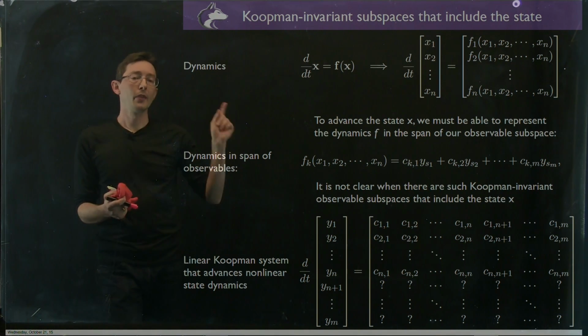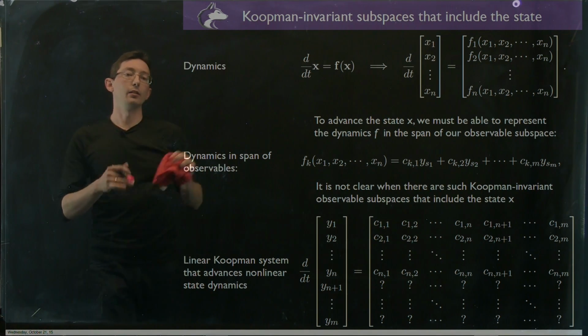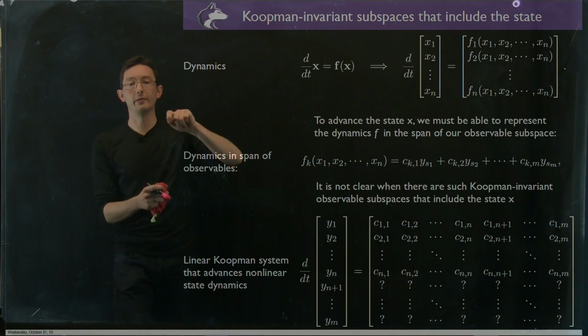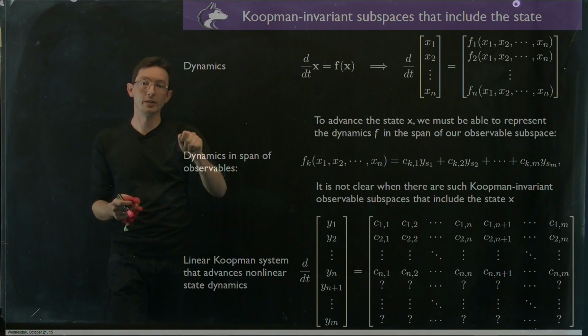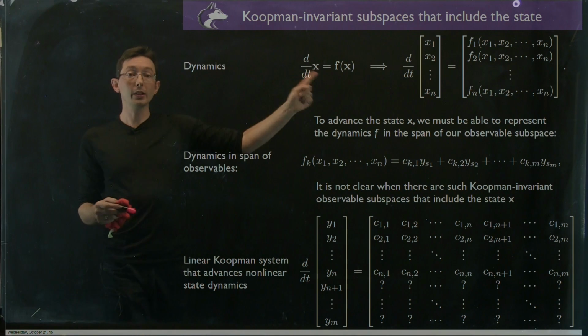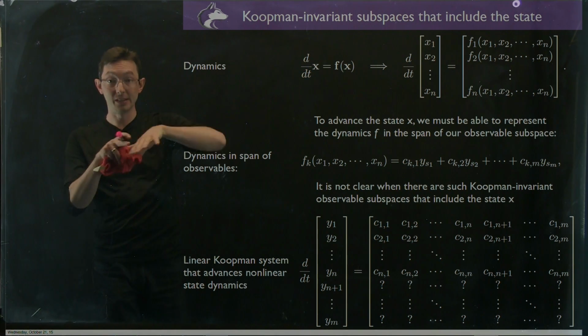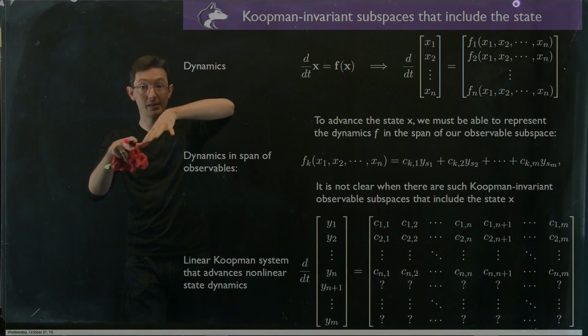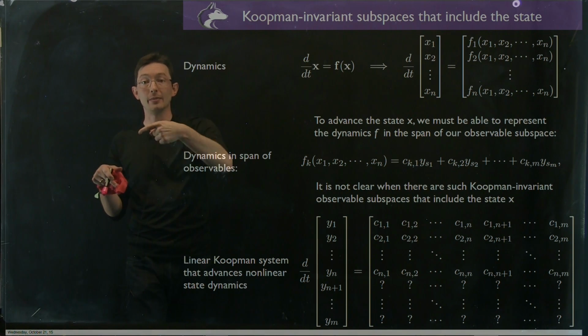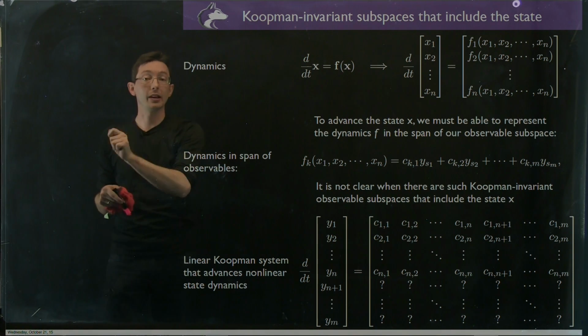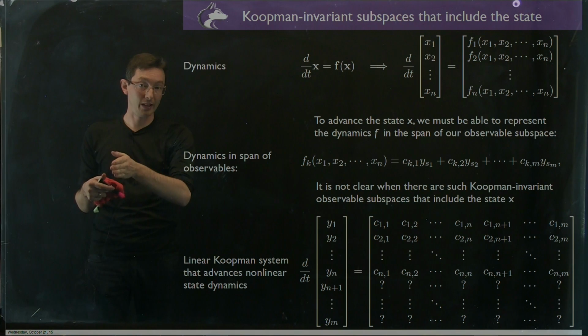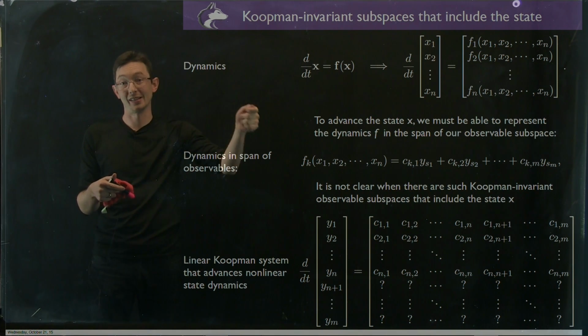It's not clear. And what we find is that we don't just want to advance these eigen-observable functions in a linear fashion. What we would really like is to have this Koopman invariant subspace also include linear measurements of my state x, so I can not only advance these measurements of x, but I can also advance the state itself.